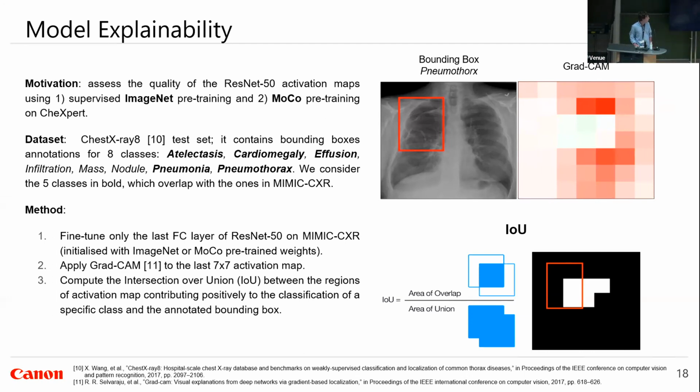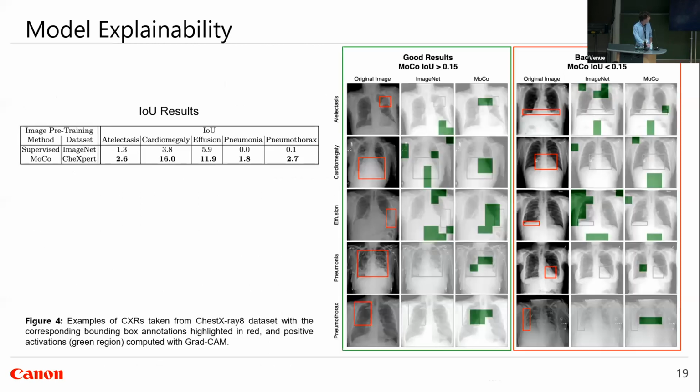And to do so, we fine-tuned only the fully connected layer after the pre-training stage, and we apply Grad-CAM on the final 7x7 activation map. We then compute the intersection over union between the regions that have positive activation for a specific class and the annotated bounding box.